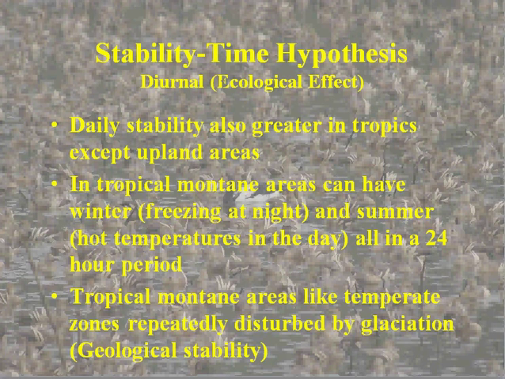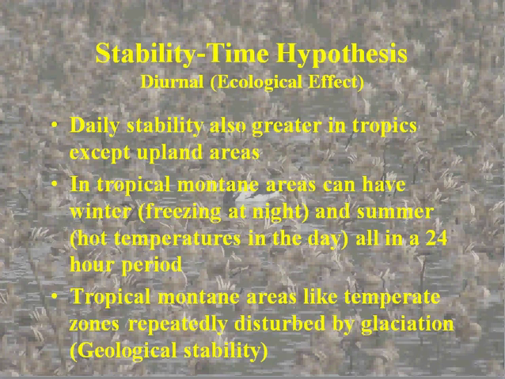So the diurnal variation in temperature in the tropics tends to be less than you would tend to get in temperate regions, particularly on coastal areas. The exception is tropical montane areas, which can have a winter every night and a summer during the day, constantly, day after day.